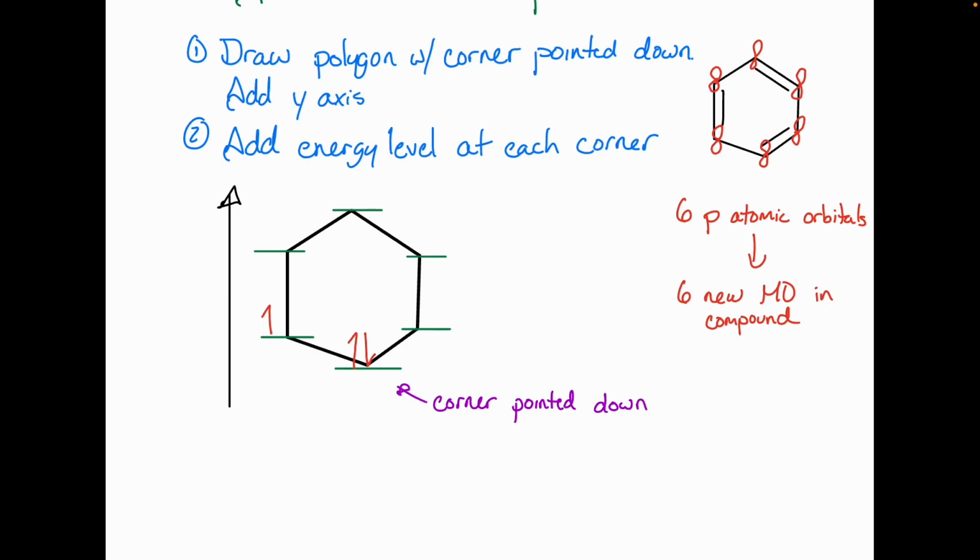Okay, so this is the molecular orbital diagram for this conjugated ring system in my benzene ring. And of course, benzene is aromatic or anti-aromatic? Aromatic. I'm going to be good and label my axis, energy.